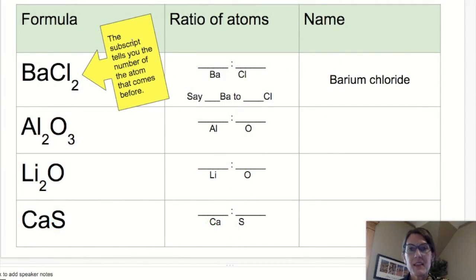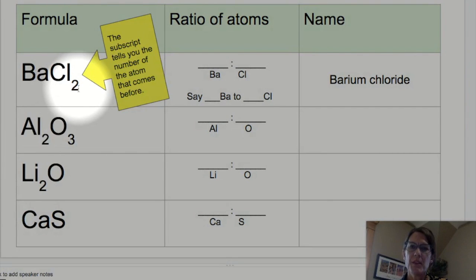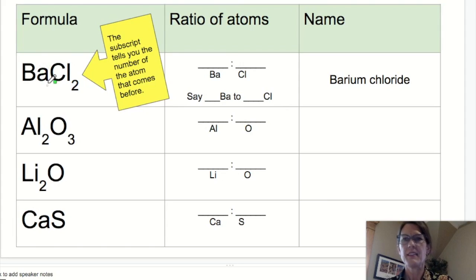So remember that the subscript tells you the number of the atom that comes before. So here I see the subscript 2, and that means 2 of the Cl. So let's fill in the ratio of atoms, and then we're going to say the name as well. For Ba, I see no subscript. When there's no subscript, that's the same as if there's a 1.